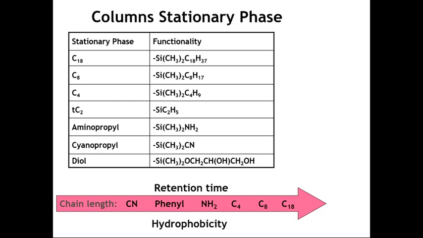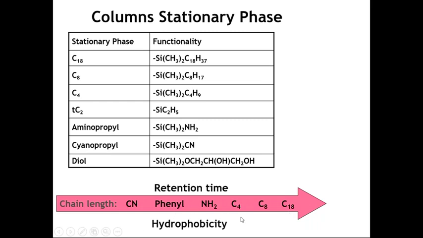If you look at the retention time of a molecule, and put the same analyte onto a cyano, a phenyl, an amino, or a C18 column, you will see that it will take much longer to come out of a C18 column compared to a phenyl column.